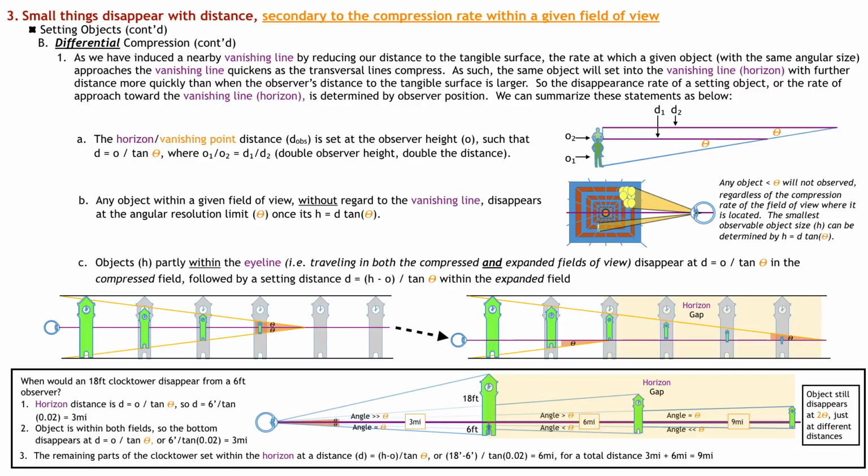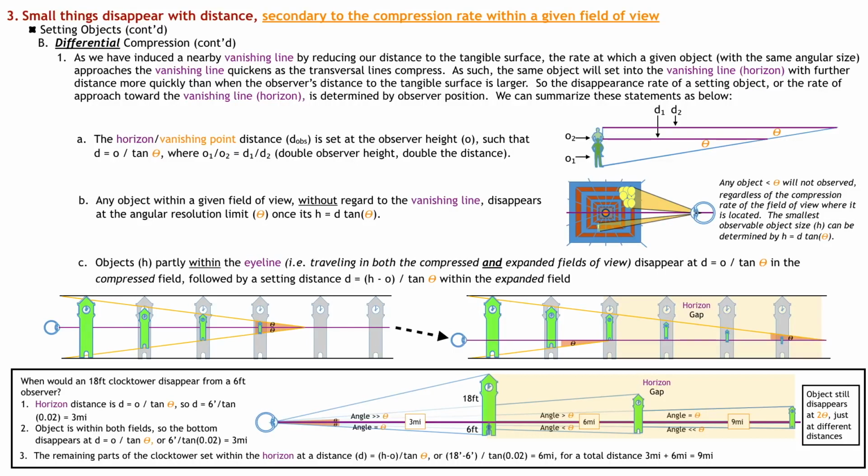So as we have induced a nearby vanishing line by reducing our distance to the tangible surface, the rate at which an object of the same angular size approaches the vanishing line quickens as the transversal lines compress. So just as that ball reached the purple line very quickly when I had a low height, that's the same phenomenon.